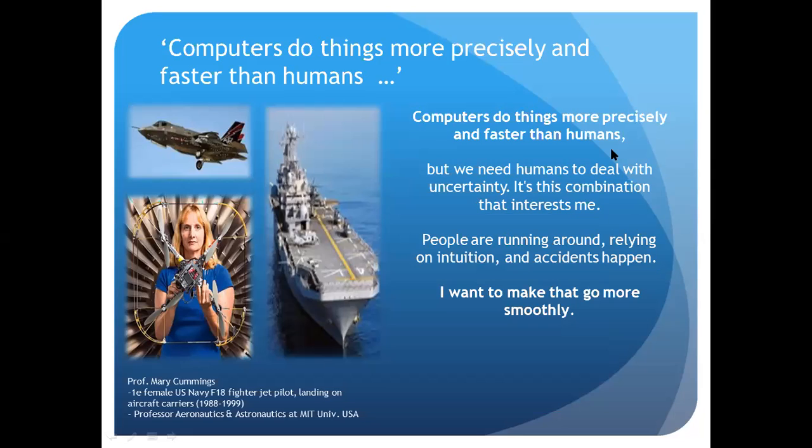Here the computer does things more precisely and faster than humans. As we know, computers are very precise instruments and can work faster than humans. So computers do things more precisely and faster than humans, but we need humans to deal with uncertainty.